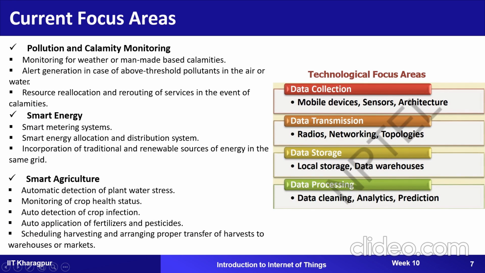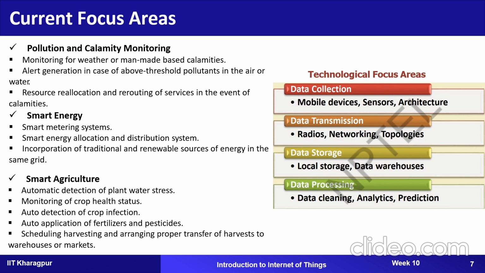So next is your pollution and calamity monitoring. For this you can use various kinds of sensors in order to detect pollution. For example, your gas sensor. Gas sensors can detect the level of carbon dioxide, nitrogen oxide, ozone. So different kinds of gases can be detected, and on the basis of the level of these gases we can detect the pollution.